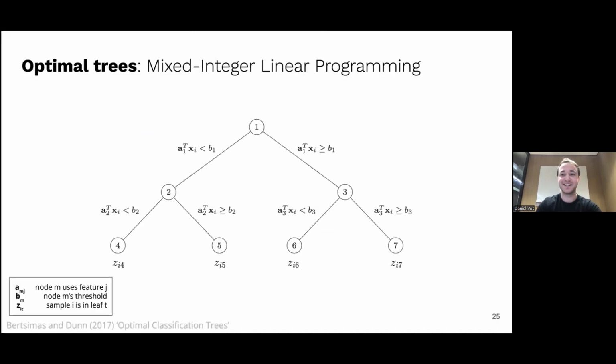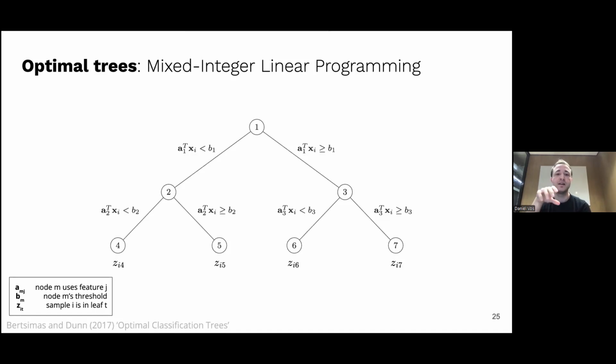I'm assuming that a lot of people here have probably heard of the name Bertsimas. And so first, it might be good to look at his work. There's a paper called Optimal Classification Trees, which very nicely illustrates how you can train optimal decision trees for the normal case, the non-robust case.